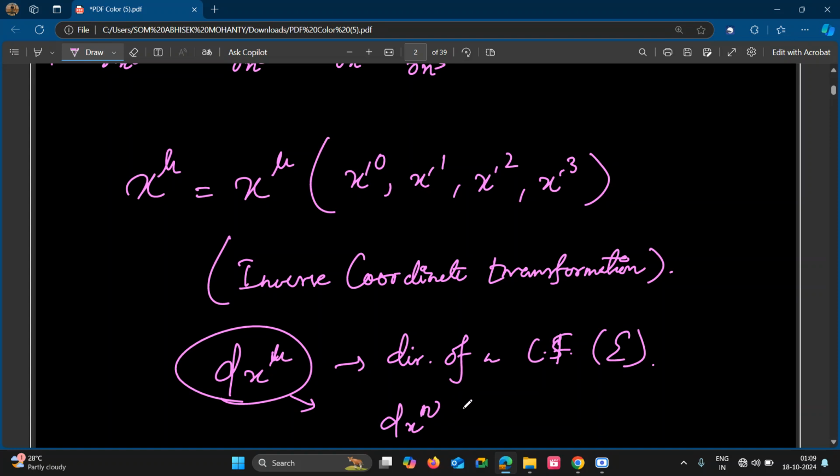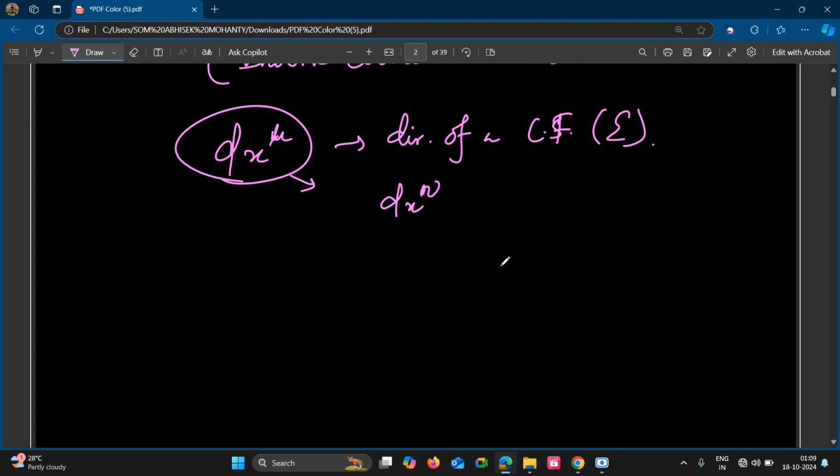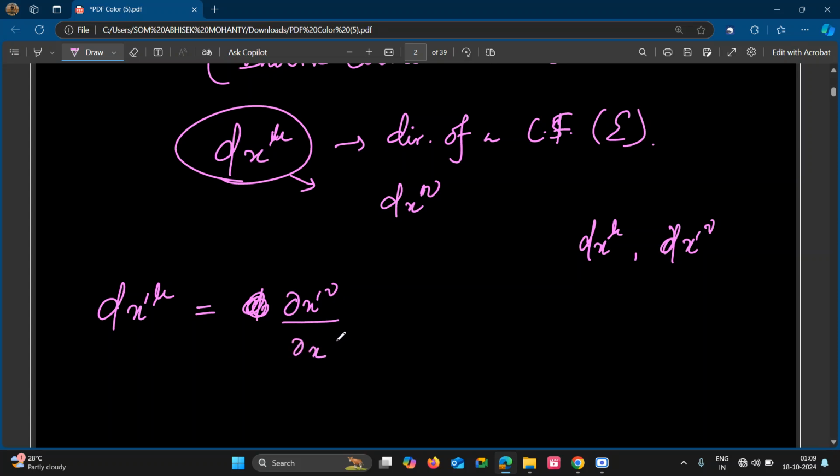So the relation between these coordinate differentials in the two frames can be written by another transformation rule, between dx mu and dx dash nu. We can write the transformation relation as dx dash mu is equal to del x dash mu divided by del x nu into dx nu.